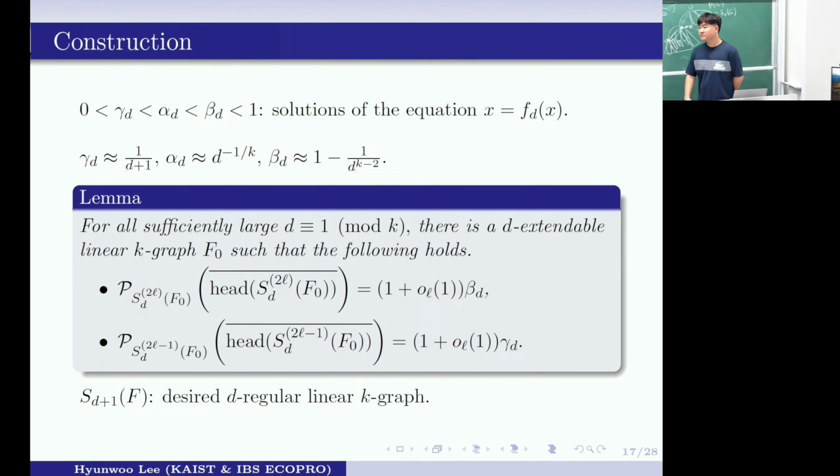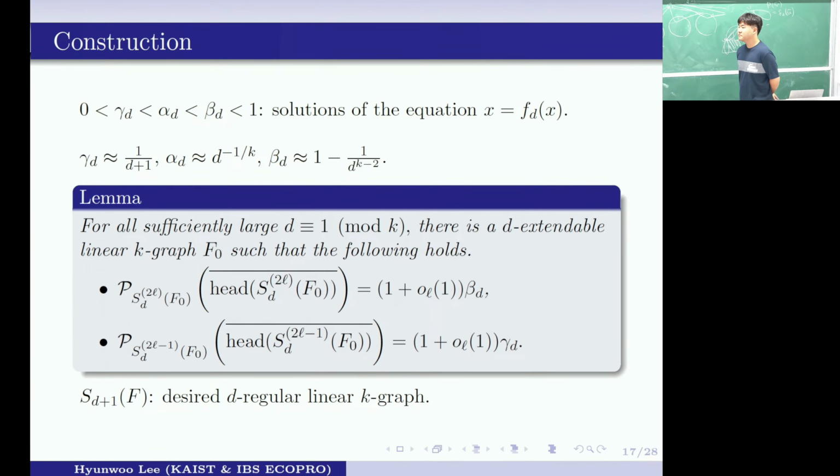So why does it go into beta D when you do it 2L times, when you have an even number of layers? Why does it go into gamma D when you have an odd number of layers?